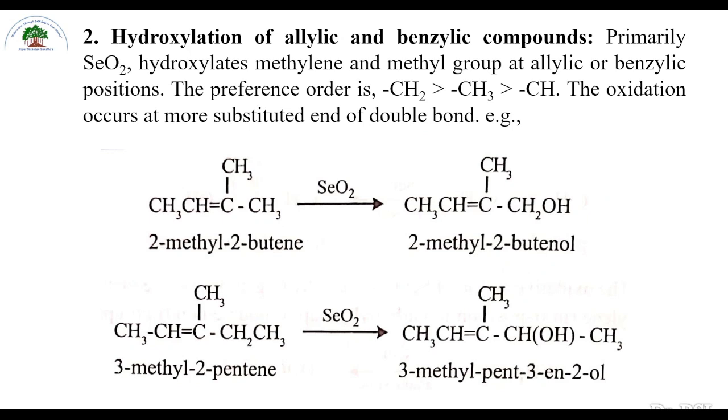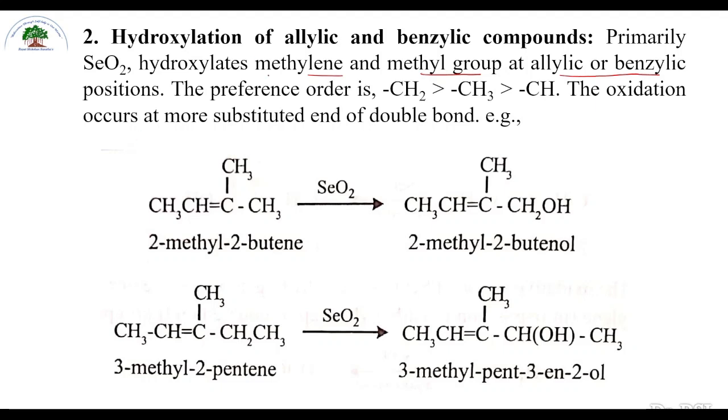Then selenium dioxide is also used as a hydroxylating agent. Hydroxylation of allylic and benzylic compounds is achieved with the help of selenium dioxide. Primarily, selenium dioxide hydroxylates methylene and methyl groups at the allylic or benzylic position.